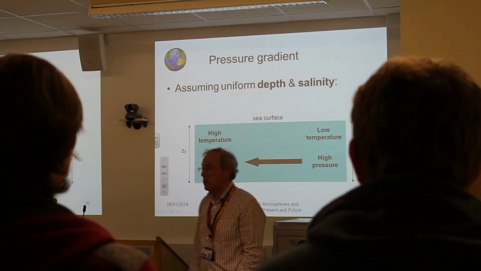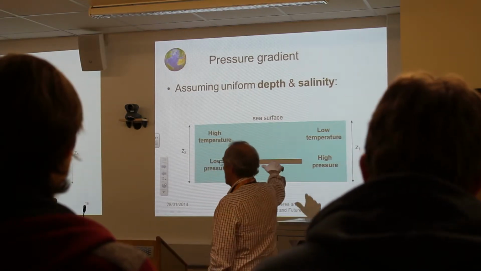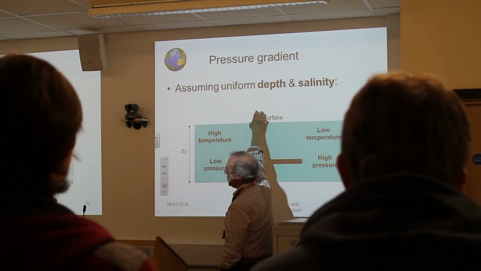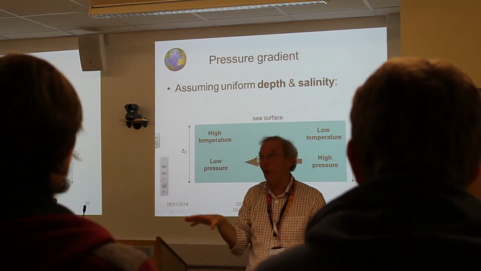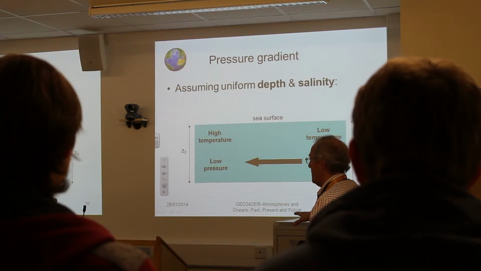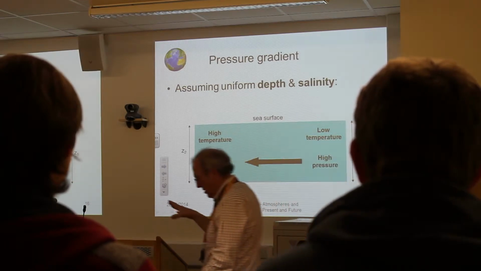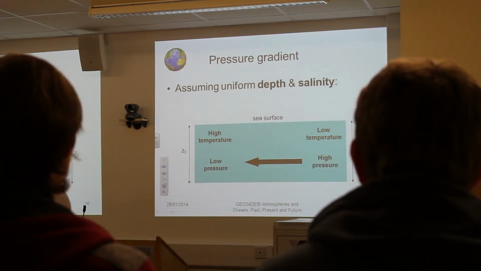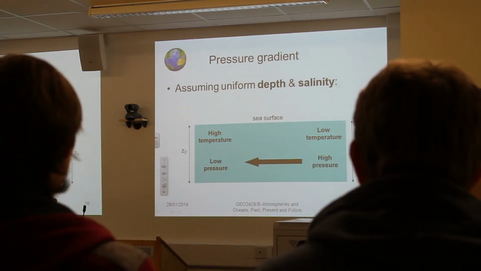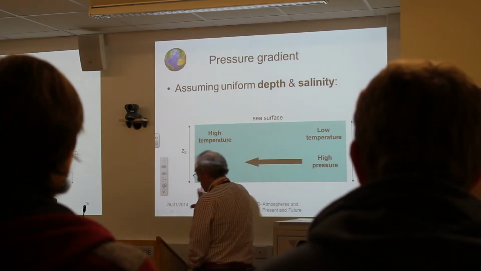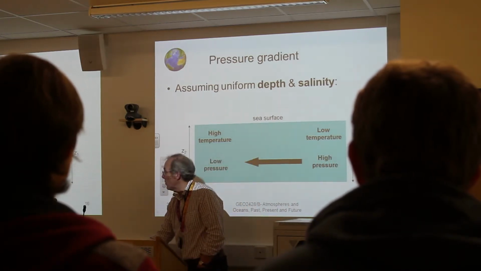We can look at the differences, and if we assume certain uniformities, certain constancies, we can predict how the ocean mass will move. What this means is that if we make some assumptions about temperature or depth or salinity, we can assume certain pressure gradients, and those pressure gradients will drive the movement within that fluid.